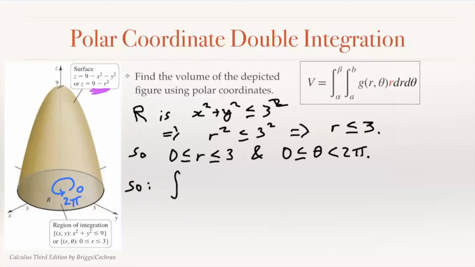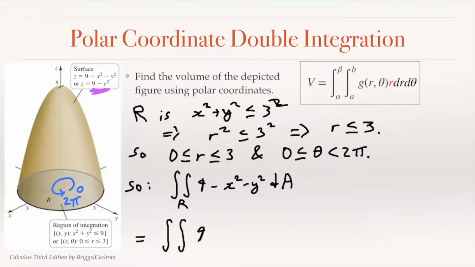Okay, so the double integral over this region R of 9 minus x squared minus y squared dA, that will be the integral of 9 minus, okay, so remember that this guy, that's the same as minus r squared, and we need to convert our function z to be in terms of theta and r. So that's 9 minus r squared. And then don't forget to add that r that we always have to add when we do it in polar coordinates.